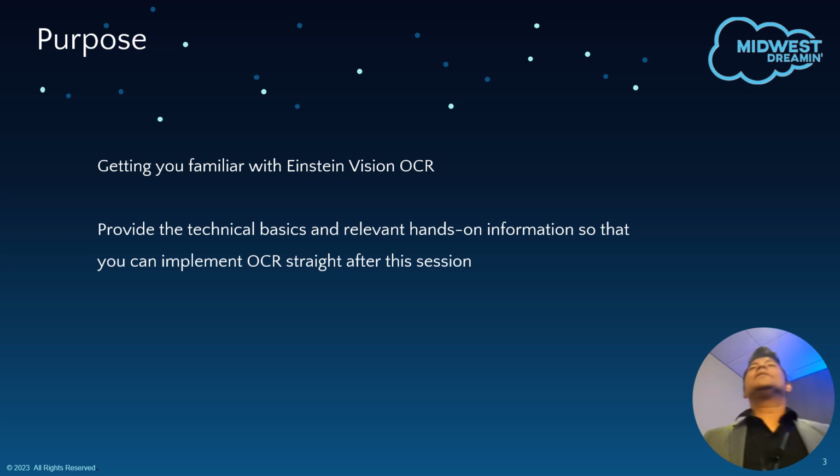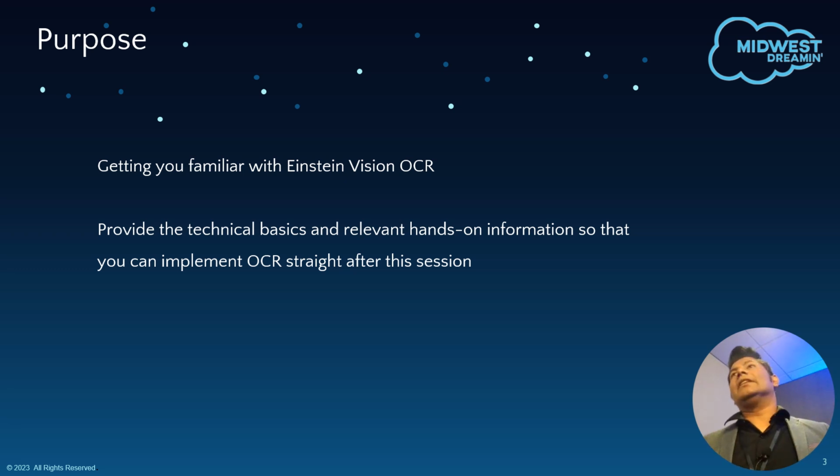So the purpose of the talk is very simple. Majority of the time, I give talks in the architect track, which has more complex solutions. This time I'm coming into the developer track. The core focus is two things. One is to get you familiar with Einstein Vision. You might not be in the Salesforce world, so this is an opportunity to understand how the AI platform works in the Salesforce world.